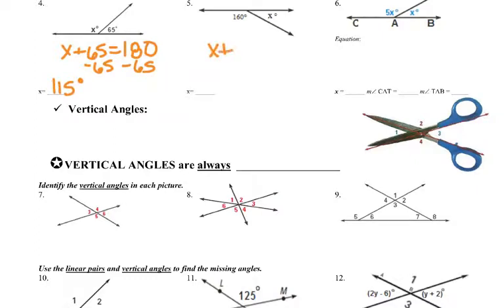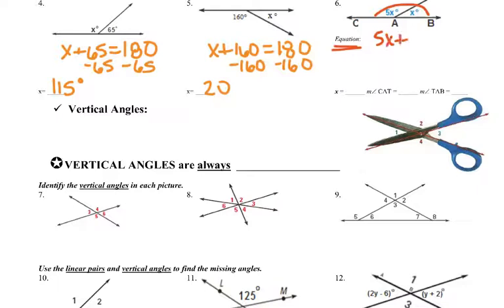Similarly here, you might say, I know it's going to be 20, because I can solve this in my head, and that's fine. If it has to have an equation, I see a linear pair, so these two angles, 5x plus x, add up to 180. So 6x equals 180, so x is 20.